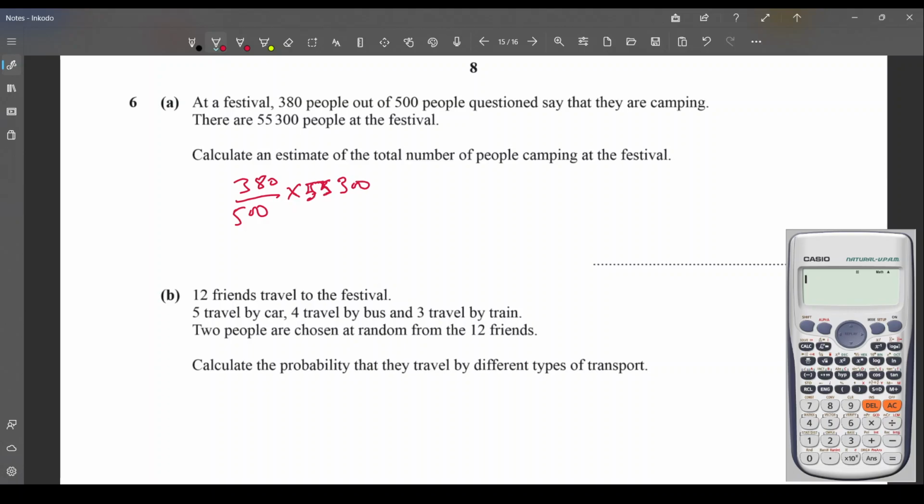If we calculate it on our calculator, 380 times 55,300 divided by 500 gives you 42,028. The total number of people camping at the festival is 42,028.